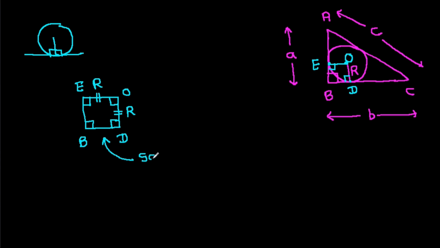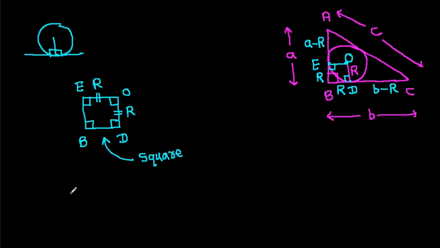That means it will be a square. So BD will also be R, and BE will also be R. So AE will be a minus R, and CD will be b minus R.